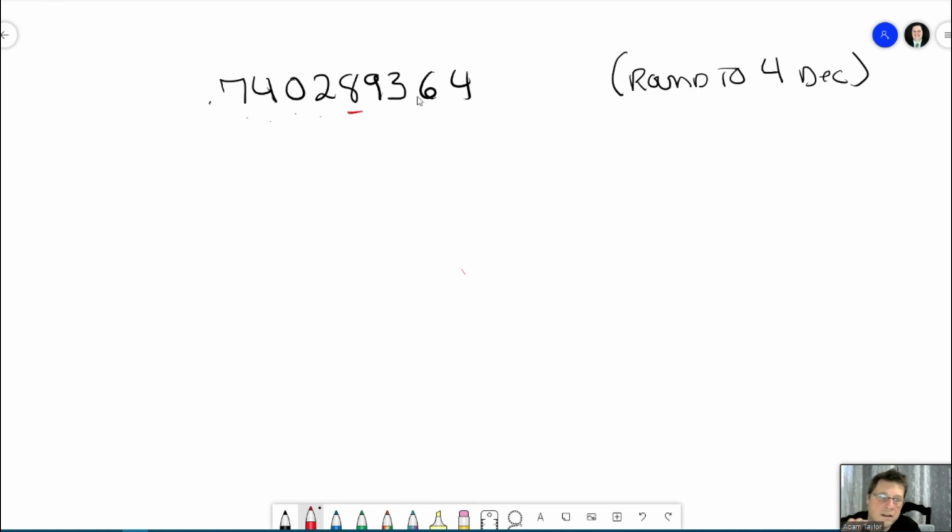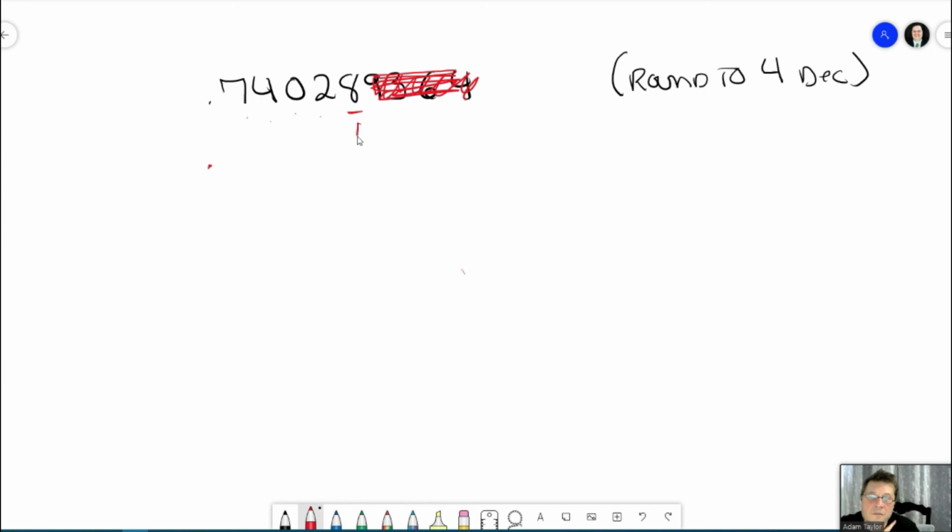It doesn't matter how long the number is. If you've been asked to round an existing number to 4 decimals, then all you care about is looking at 5 decimals. Anything beyond the 5th decimal place, you can just scratch out. No one cares what it is. It will never be brought up again. It's gone. So I want to rewrite this 5 decimal place number to 4 decimal places.